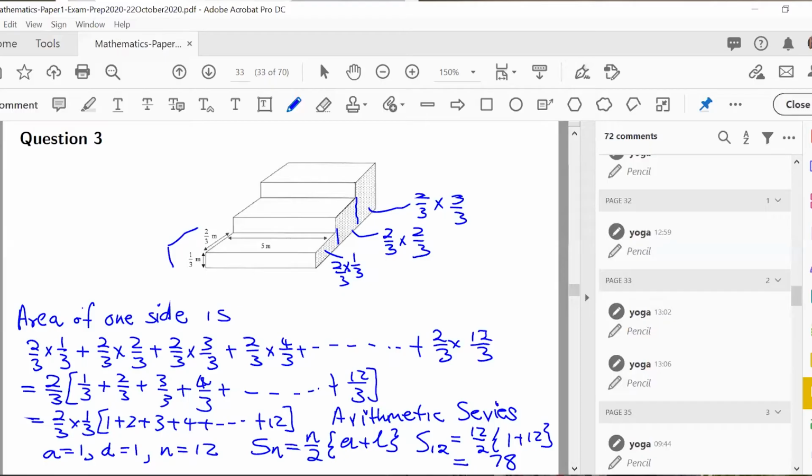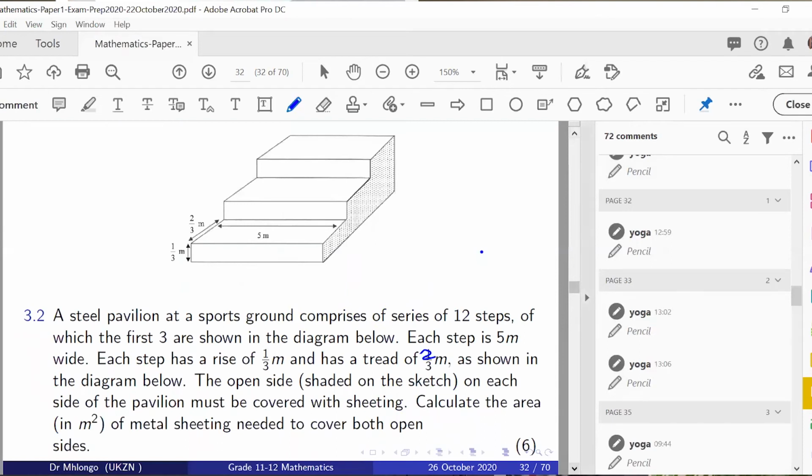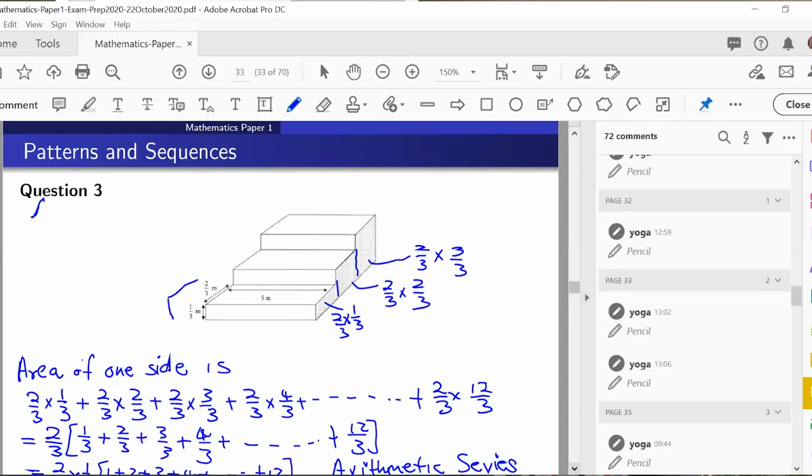Now the area of the first side, I will call it A1, will be 2 all over 3 times 1 all over 3 times 78.